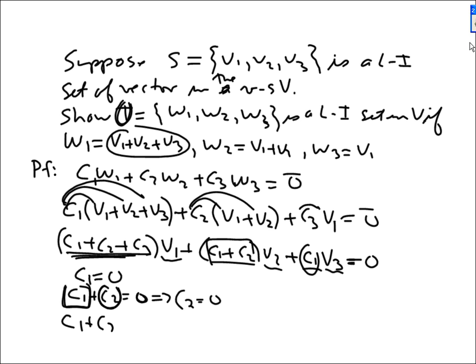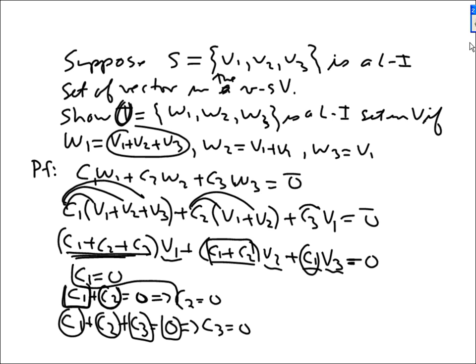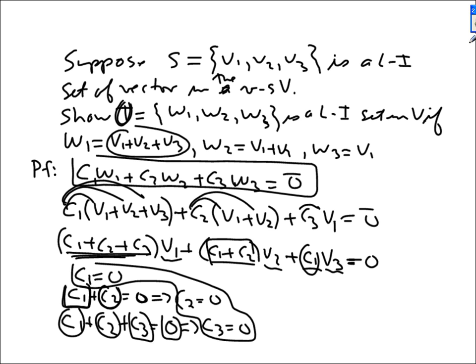C1 plus C2, which is 0 plus 0, plus C3 must be 0. Well, if these two add up to 0, the third one must be 0. C3 must be 0. Oh, wait a minute. You mean C1, C2, and C3 must be 0? The scalars must be equal. So, T is a linearly independent set as well.